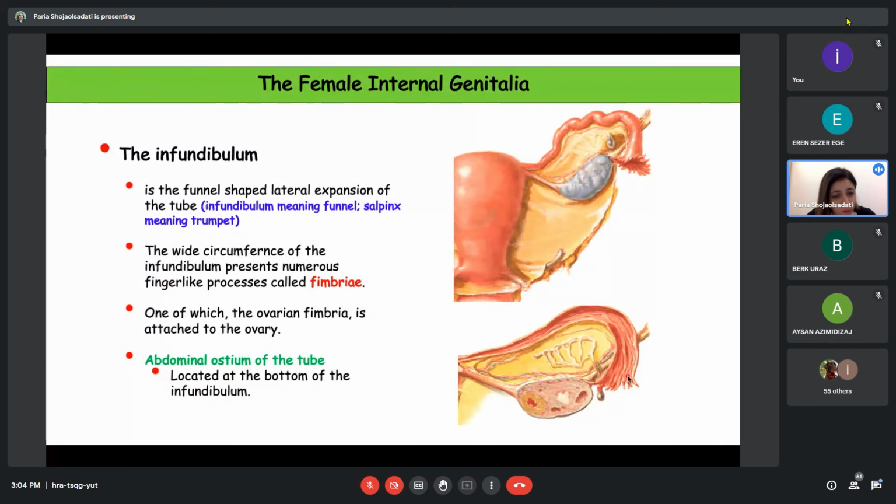Inside the infundibulum, we can see the abdominal ostium of the tube. In different references, sometimes it is said that all of the infundibulum is seated on top of the ovary. It's wrong. It is located freely. Only one or two fimbriae are in direct contact with the ovary.